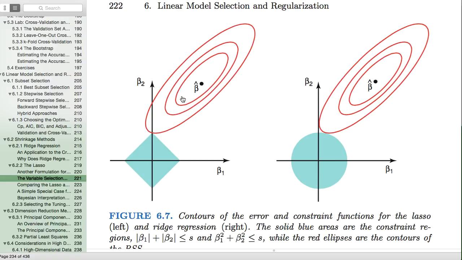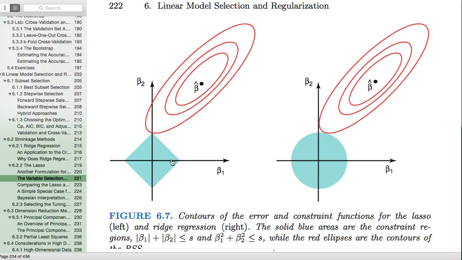So as we grow here to meet these constraints, the fact that this is square means that we're likely to meet it at a place where one of the coefficients is zero. So in this case, we have two coefficients, and here is a situation where a coefficient is zero, and here's a situation where the other coefficient is zero. And we're very likely to meet it at one of those places.